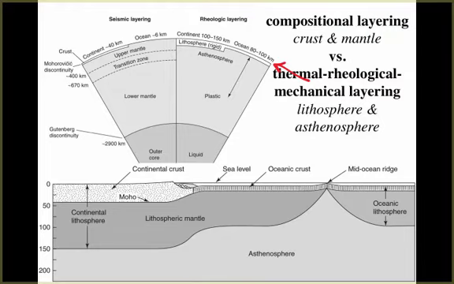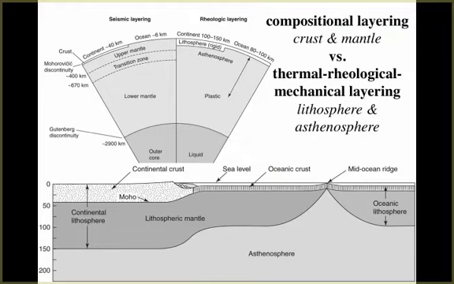A plastic and deforming asthenospheric layer that underlies the lithosphere and that the tectonic plates ride on because it's deforming, because it has a small amount of partial melt. And then the lowermost mantle that is solid, a liquid outer core and a solid inner core.